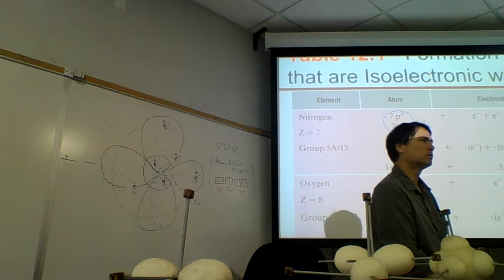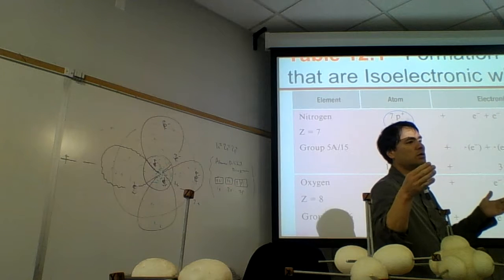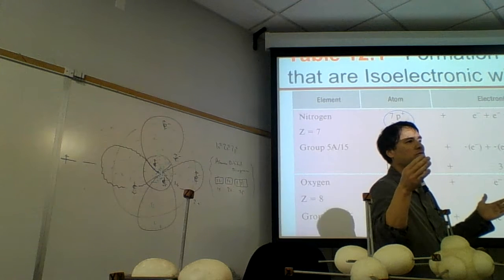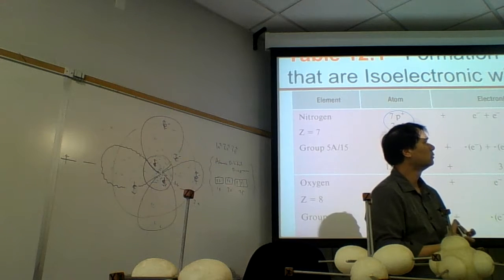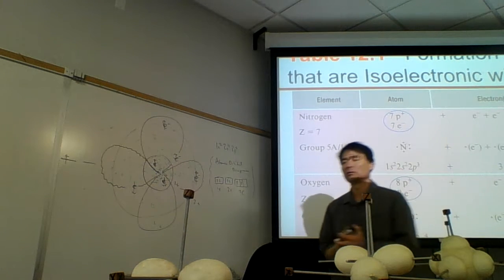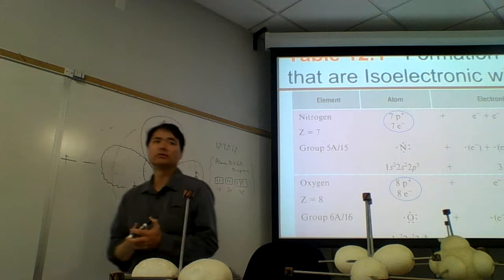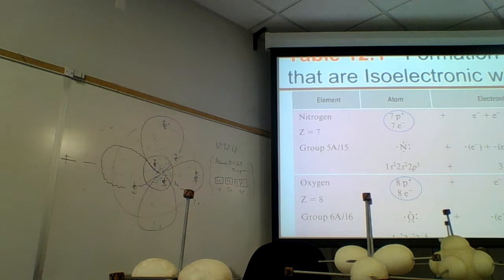And so what's the oxidation state range for nitrogen? Nitrogen's oxidation state is going to range from +5 to -3.